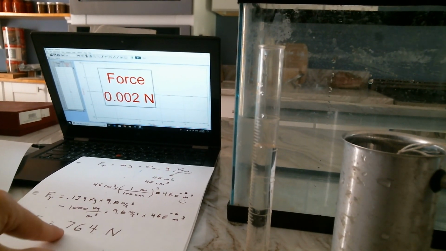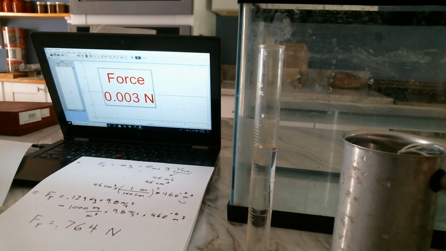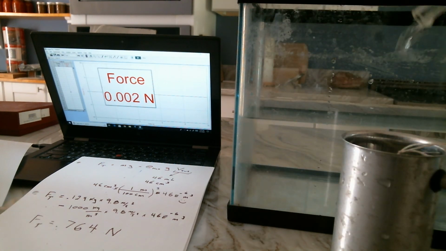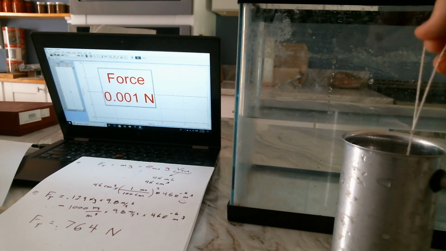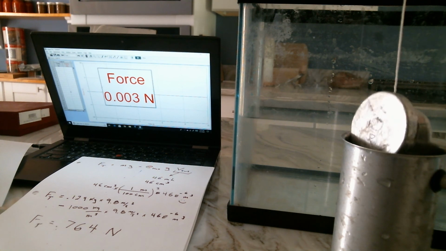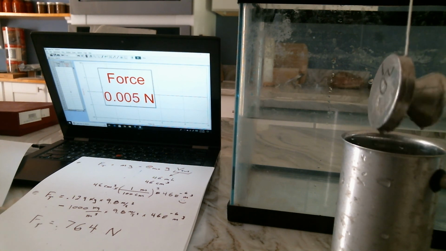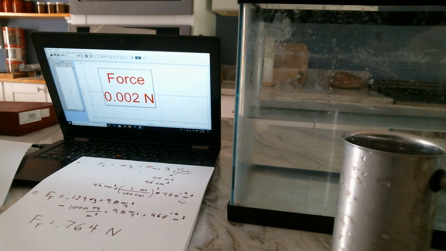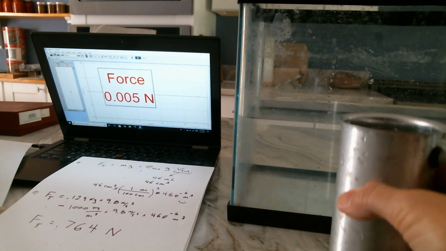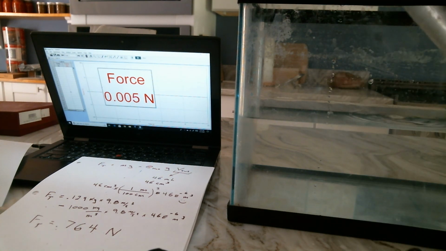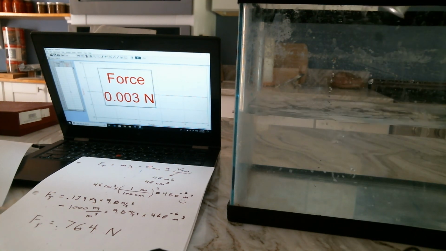Okay, and the prediction 0.764. Okay, so that's all right there. I'm going to put this water back in, not that we really need it, but there it is to get it out of the way. I'm going to take this out, and I'm just going to set it down for now to get it out of the way. I'm going to pour this water back into the aquarium just to get it out of the way.